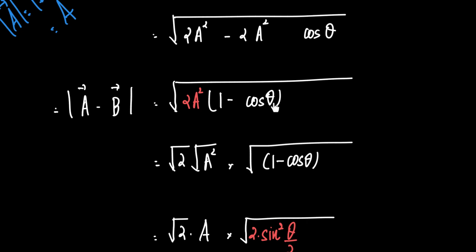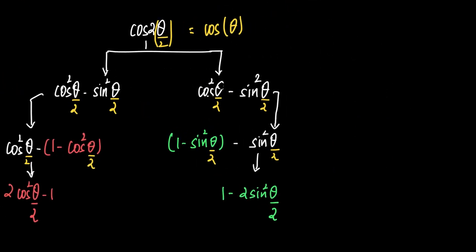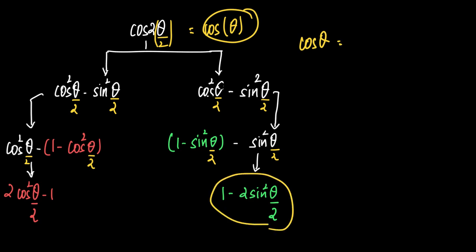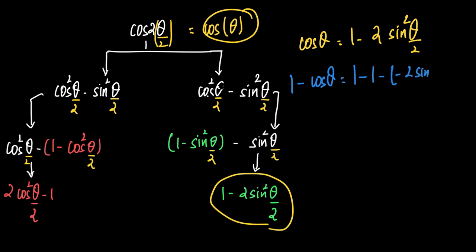Now, what is 1 minus cos theta? Let me just write it out for you here. From this expression, cos theta is equal to 1 minus 2 sine square theta by 2. Therefore, 1 minus cos theta would be equal to 1 minus, open bracket, 1 minus 2 sine square theta by 2. 1 minus 1 is 0, minus times minus is plus, so this becomes plus 2 sine square theta by 2.